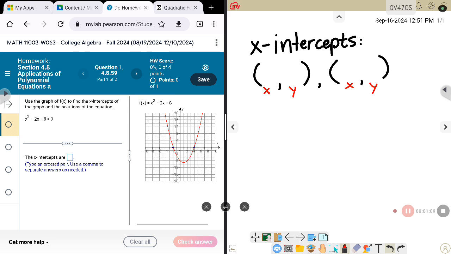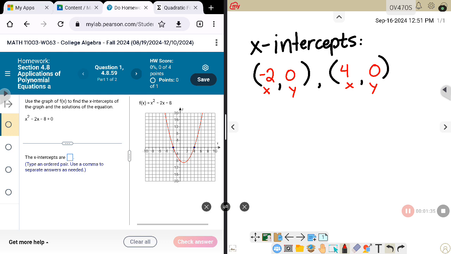The one on the left is crossing the x-axis at -2, 0. You'll notice that if your point, like these two blue points, is on the x-axis, it is because the y-coordinate is a 0. The other one, the blue point on the right, crosses it at 4, 0.